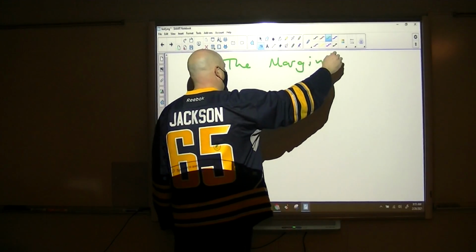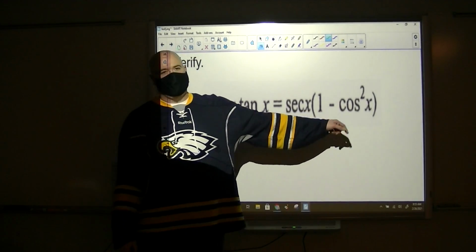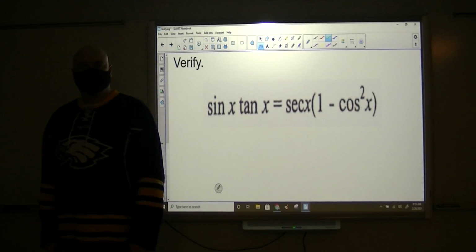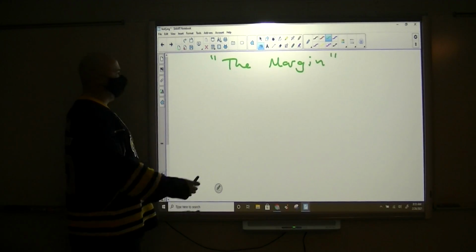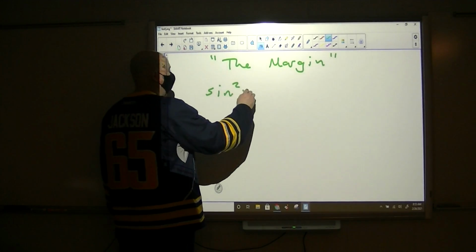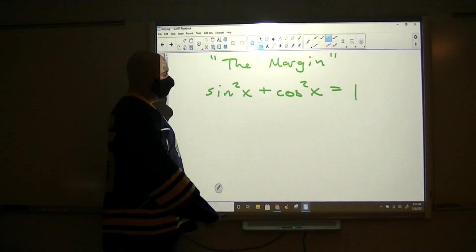Why are we going into the margin? Because we have 1 minus cosine squared up here, and I need to find a way to get 1 minus cosine squared out of this thing. How do I get 1 minus cosine squared from that?